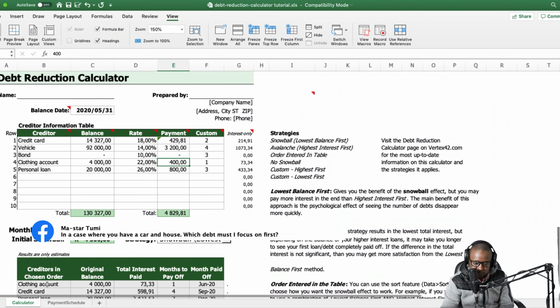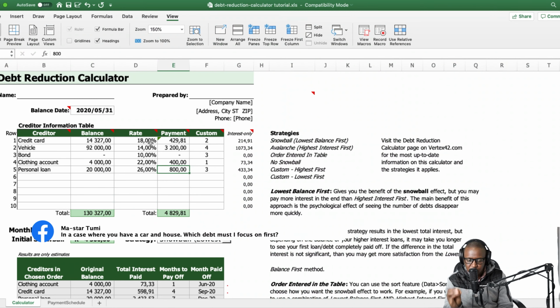Like for instance, this example here. This person has a credit card that he owes 14,327, and the minimum payment is 429, and he also has a vehicle of 92,000, and the minimum payment is 3,002. He also has a clothing account of 4,000, which he pays 400 a month, and a personal loan of 20,000, which he pays 800 a month.